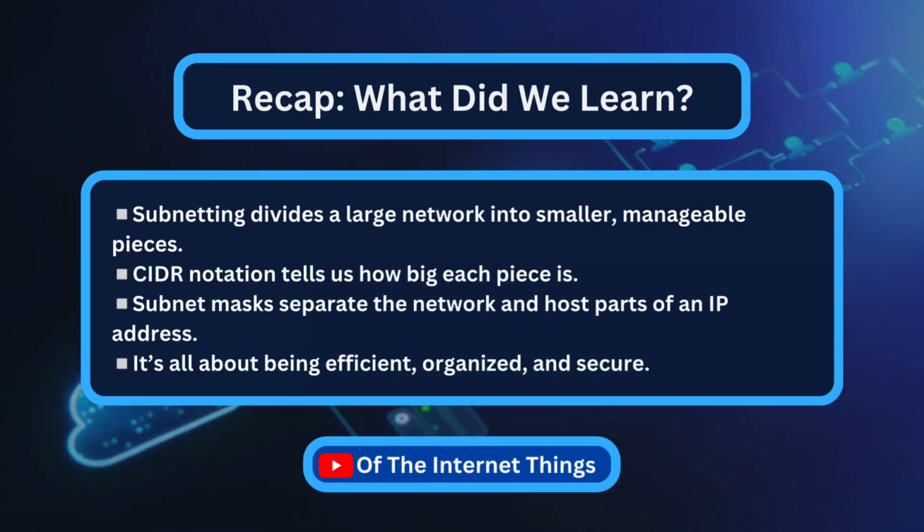Recap: what did we learn? Subnetting divides large networks into smaller, efficient, and secure subnets. A subnet mask defines the boundary between the network and host portions of an IP, with CIDR notation simplifying this, e.g. /24.